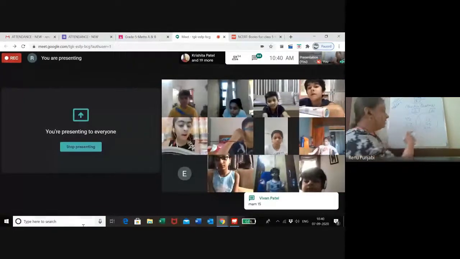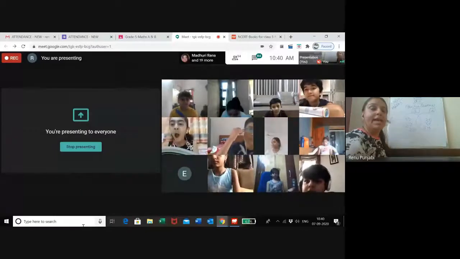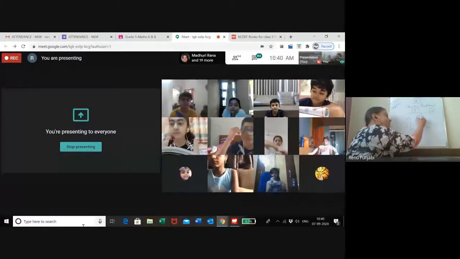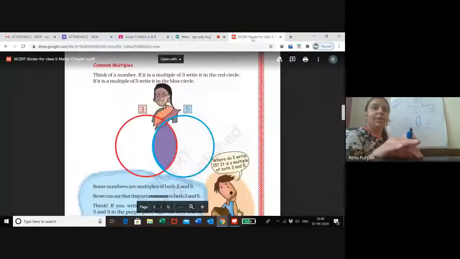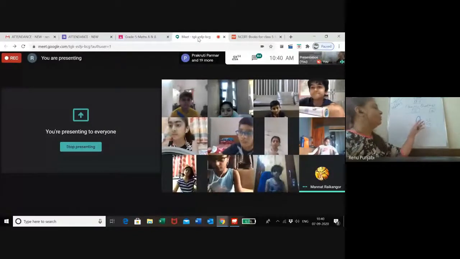So now, if I want to find the common multiples, I have to write in this middle part. In your books, it is given in the purple shade, right? If I present the textbook here, you can see it's purple shaded. In the purple part, you have to write the common ones. So can you please tell me which are the common multiples here?